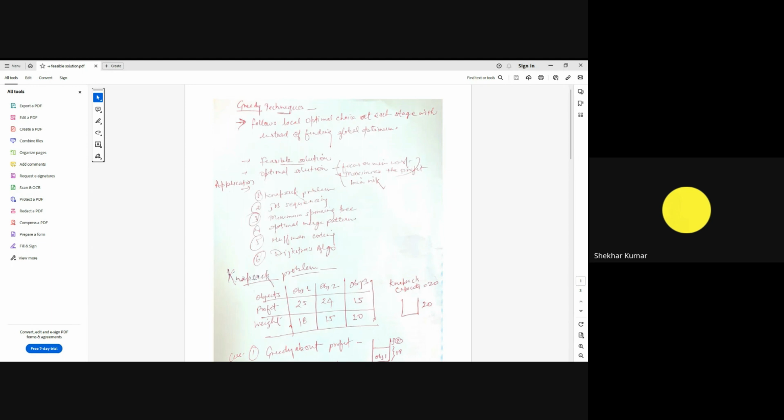Suppose consider the scenario of a job recruitment process. During a job interview, there are different rounds, like the written round, technical round and HR round, to select the best candidate. Now, one possible approach is to allow every candidate to appear in each round and then select the best candidate.